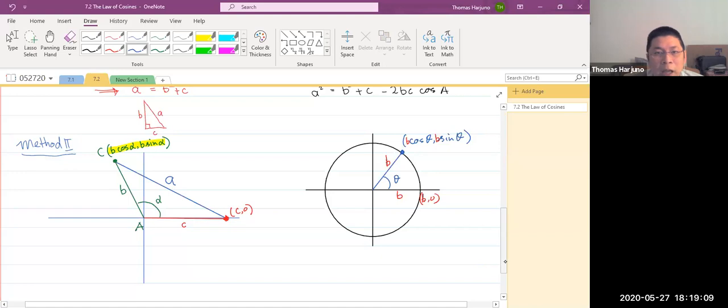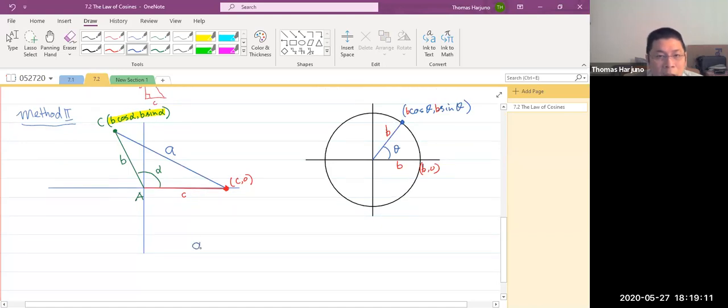Now a squared equals the distance formula. I apply that to the difference of x components first: (b cosine alpha minus c) squared plus the difference of the y components, (b sine alpha minus 0) squared.